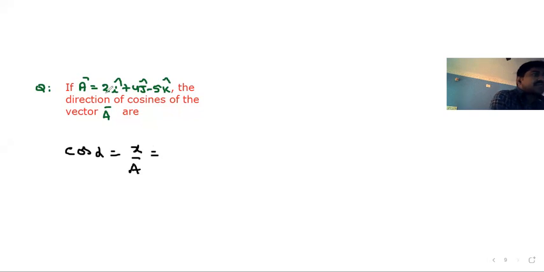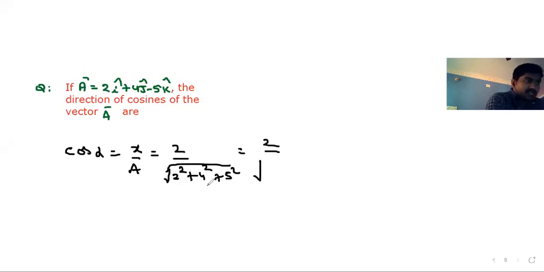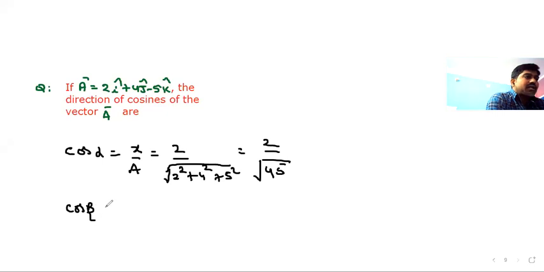And what is the x component here? From the given vector, x component is 2. A means the magnitude of the whole vector, which is root over 2 square plus 4 square plus minus 5 whole square. That will be 2 by root over 4 plus 16 plus 25, that is 45. So the value is 2 by root 45.